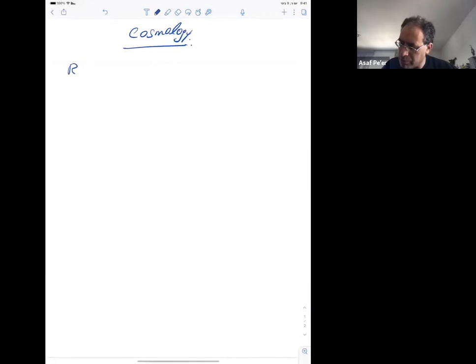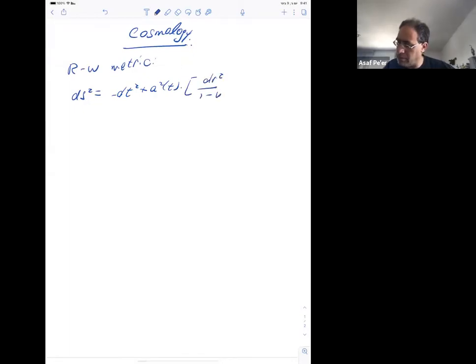So the Robertson-Walker metric: ds squared is minus dt squared plus a squared of t times dr squared over 1 minus k r squared plus r squared d omega squared, where k is the curvature, which can get three values, minus 1, 0, plus 1 for an open, flat, or closed universe.